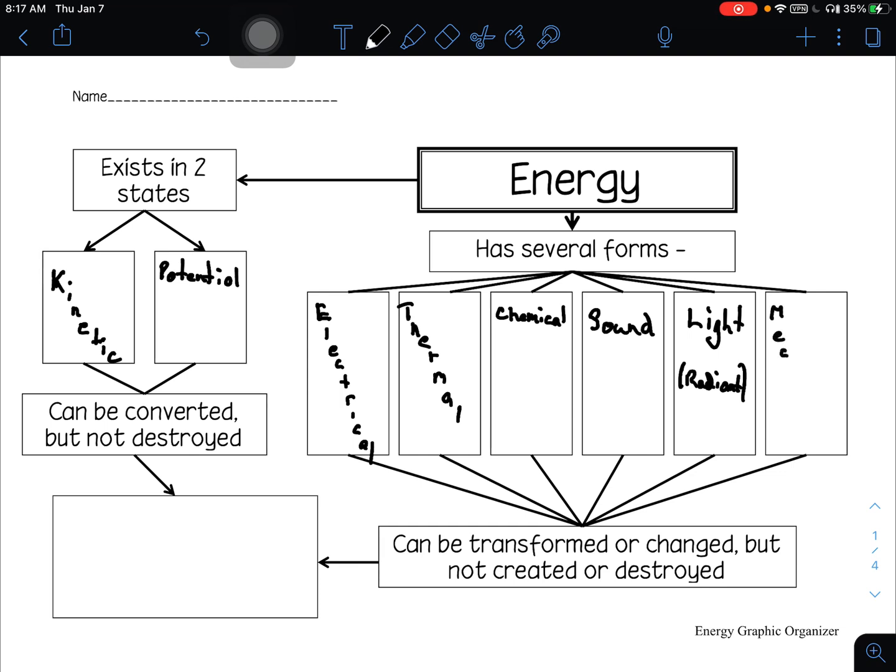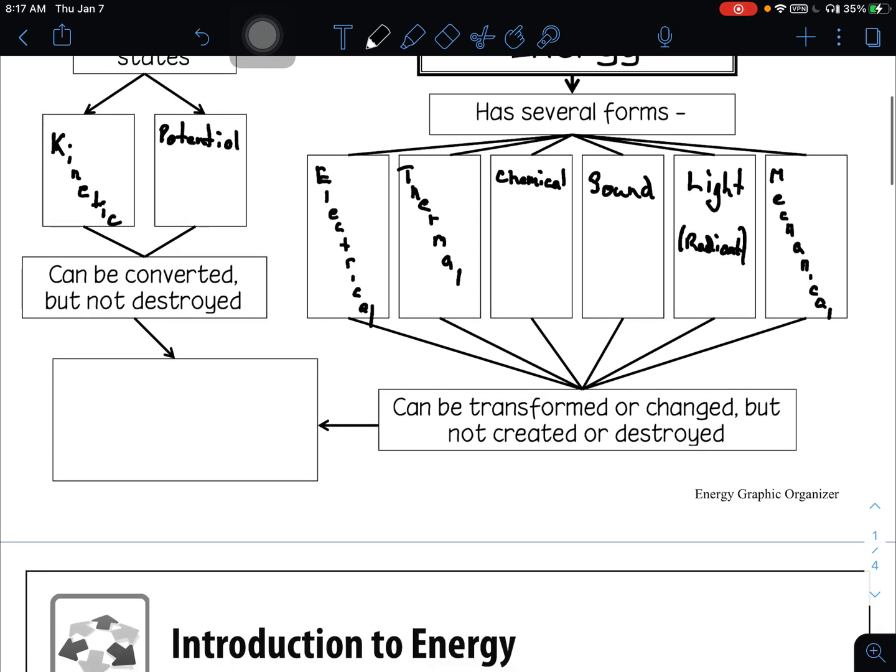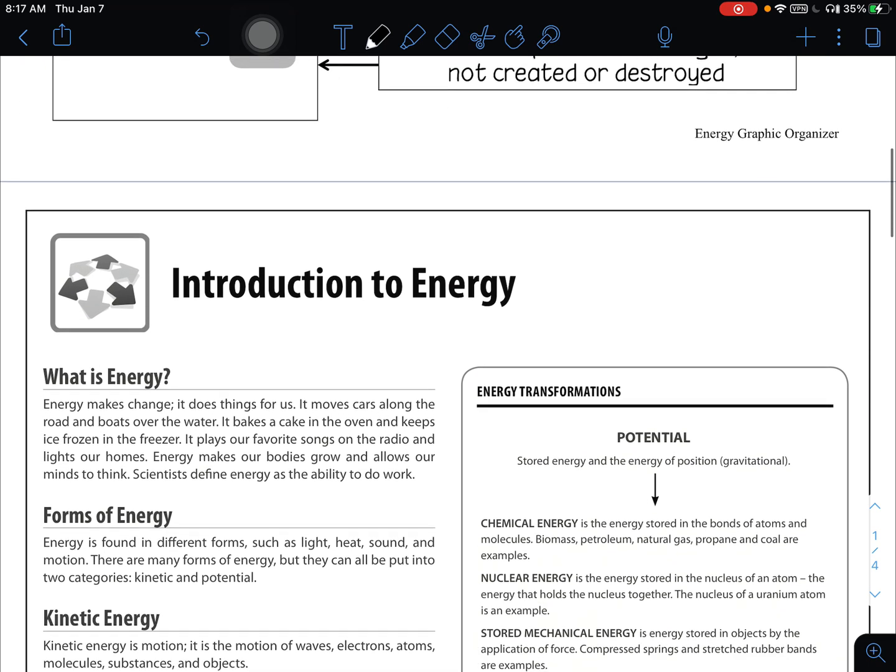And there are some other forms too, like nuclear energy is another form of energy that we didn't put. So we could probably put more on here if we wanted to.